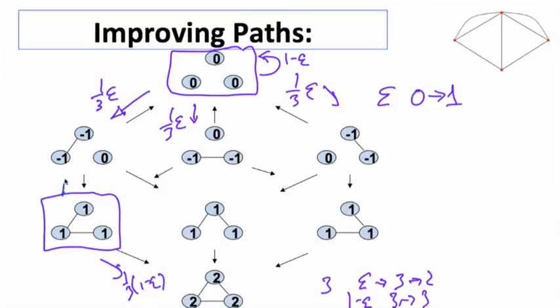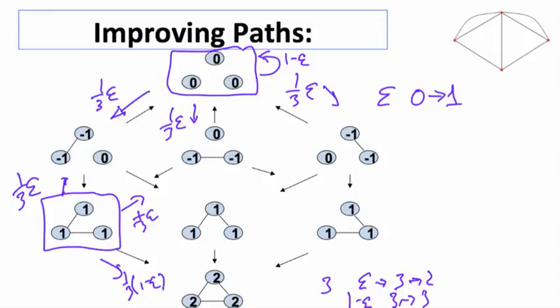There's a 1/3 chance times epsilon that you delete a link that you wanted, 1/3 chance times epsilon here, and so forth. So for each one of these things, we can figure out the probability that you move from a network with 0 links to one with 1, from 1 to 2, and so forth.